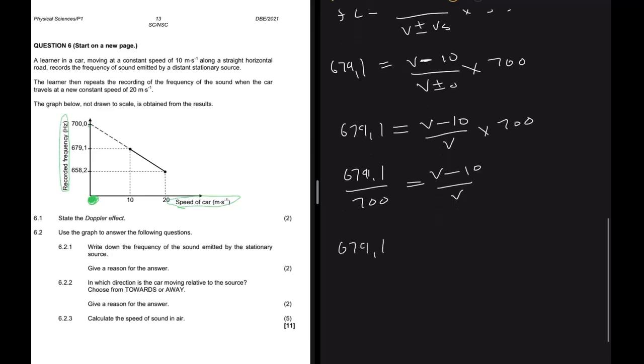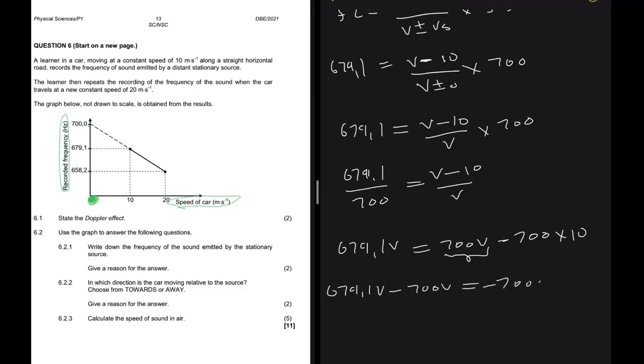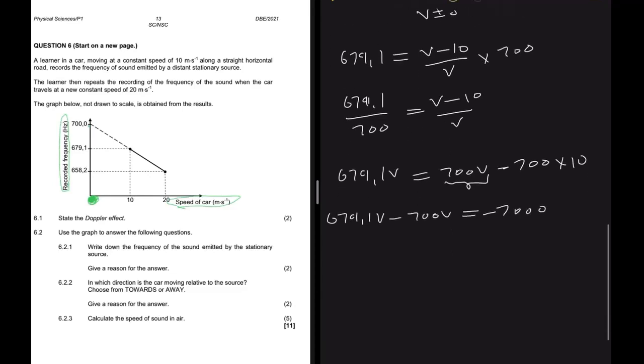Cross multiply, I get 679.1 v equals 700 v minus 700 multiplied by 10. Take this value to the left hand side, I get 679.1 v minus 700 v equals minus 7,000, right? Yeah, there we have it.